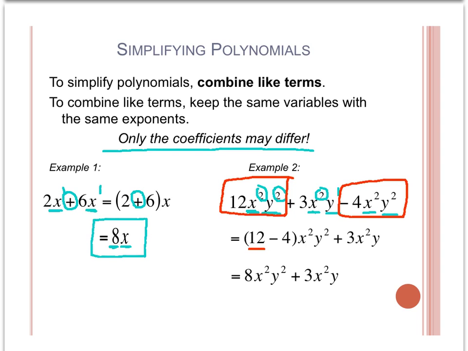So we had 12, and you want to do the same operation, so we had a negative 4, or subtracting 4, and you kept that like term the same, and then you don't want to forget about this other term here, and you still add that on to the polynomial. So when you simplify, we have 12 minus 4, which is 8, with that like term of x squared y squared, and then plus that 3x squared y.